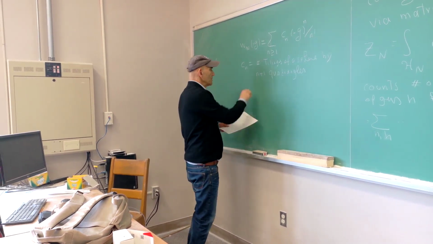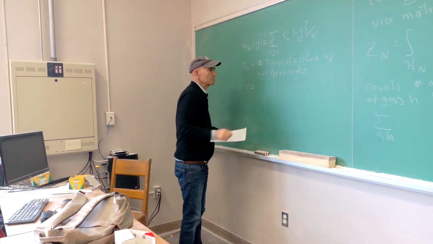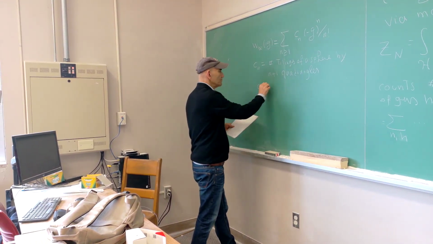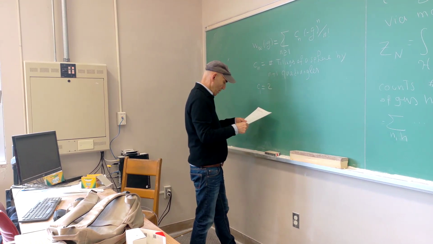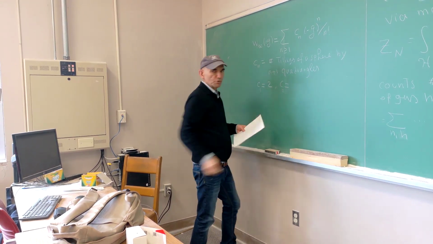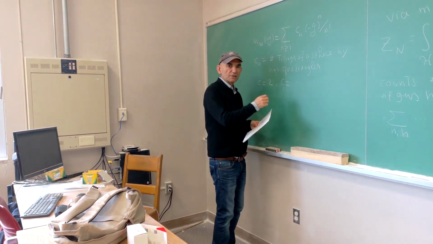So for example, C1 is equal to 2, and C2, unfortunately very hard to compute by hand, is 36.